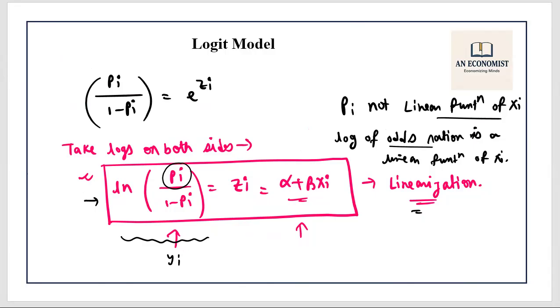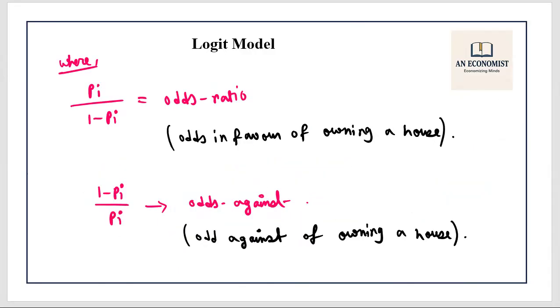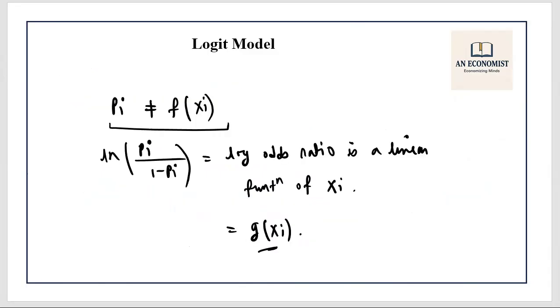The log odds ratio is a linear function of xi. That is where we stopped our discussion. And this is the non-linear character. This is the odds in favor, odds against, of owning a house. We stopped at this place, which is a non-linear characterization of probability that we do using the Logit model, right?